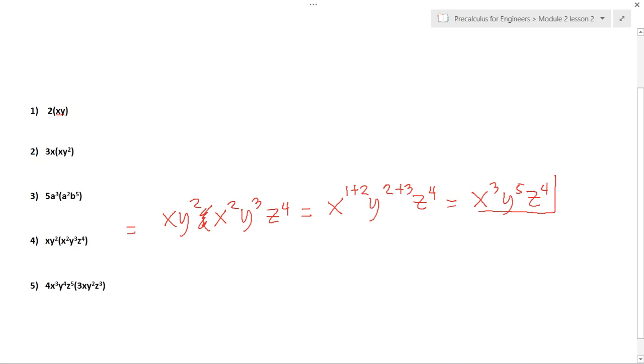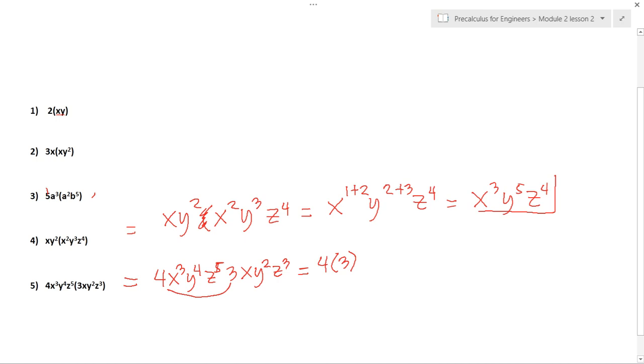Then the same with number 5. Number 5 is really long. So again, write side by side 4x cubed y to the 4th z to the 5th, then 3xy squared z cubed. First, handle the numerical terms, so we have here 4 and 3, 4 times 3.